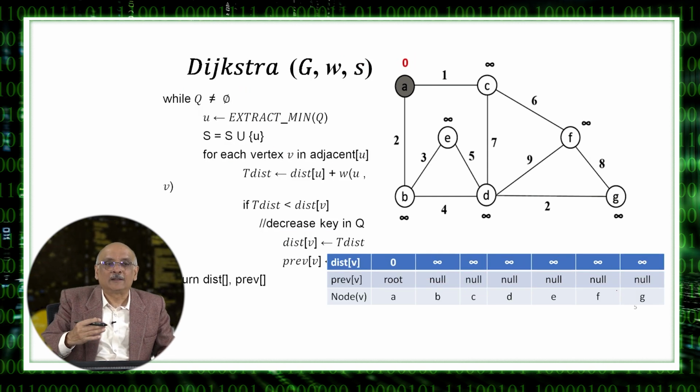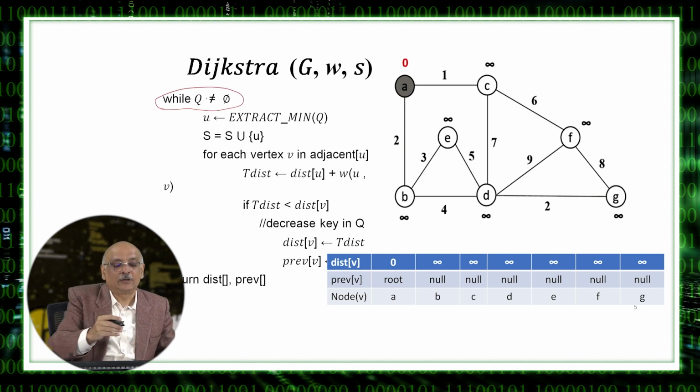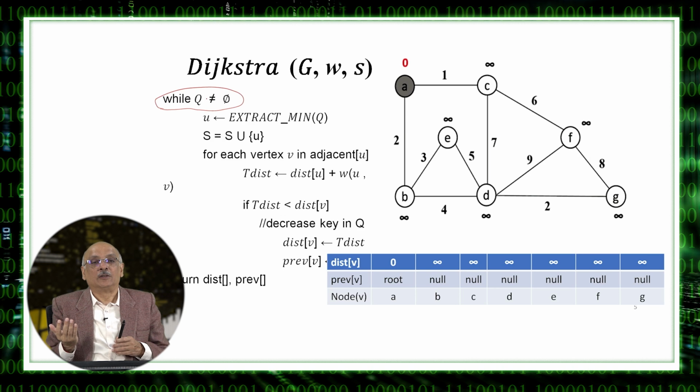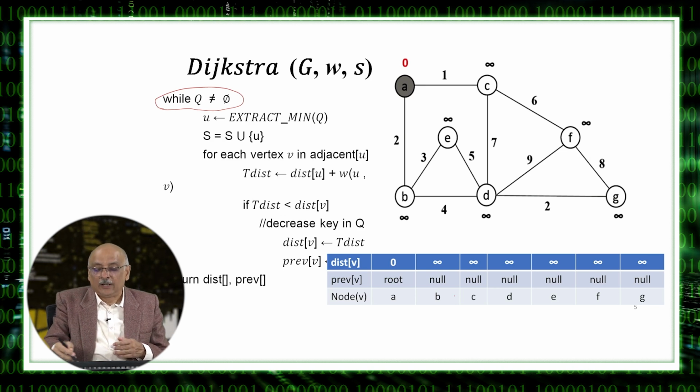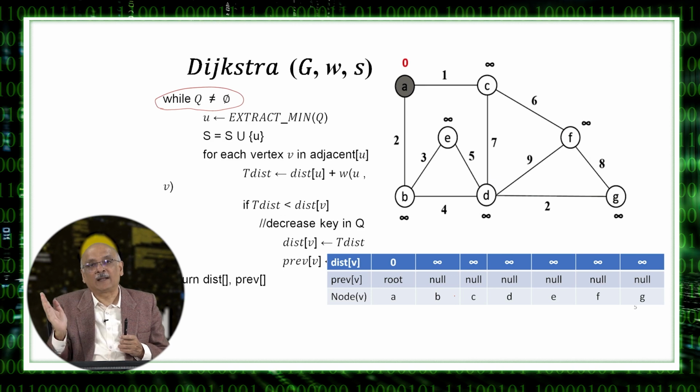What about the execution of the repeated loop? How many times do we repeat this loop? Till Q is not null. Q has right now 8 nodes, so all of them will be picked up one by one, and we will get our answer, the shortest path from every node to every other node.